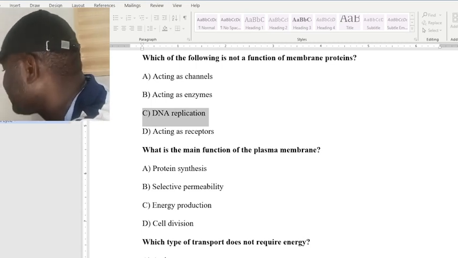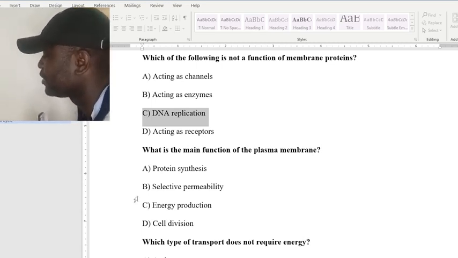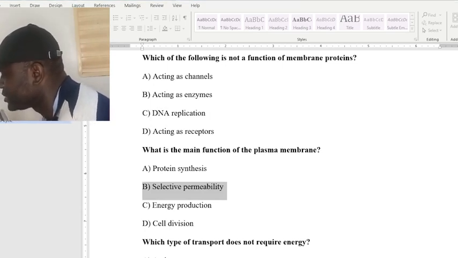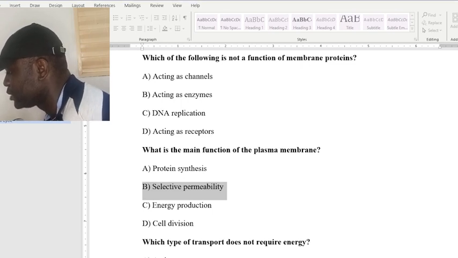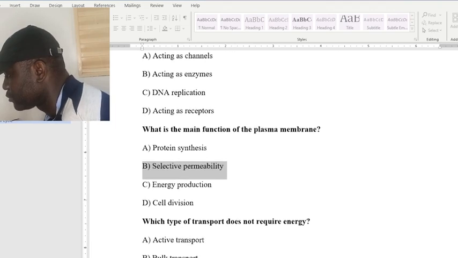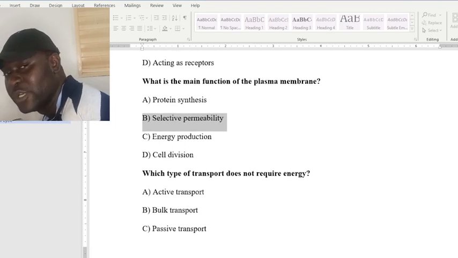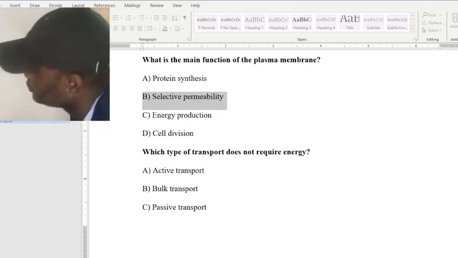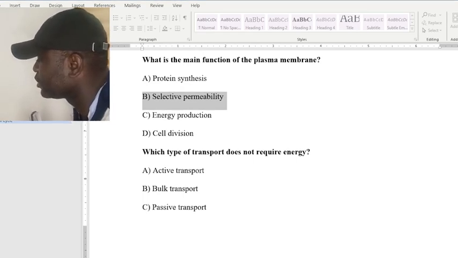That's the major thing. Which of the following is not a function of membrane proteins? DNA replication. Very good.